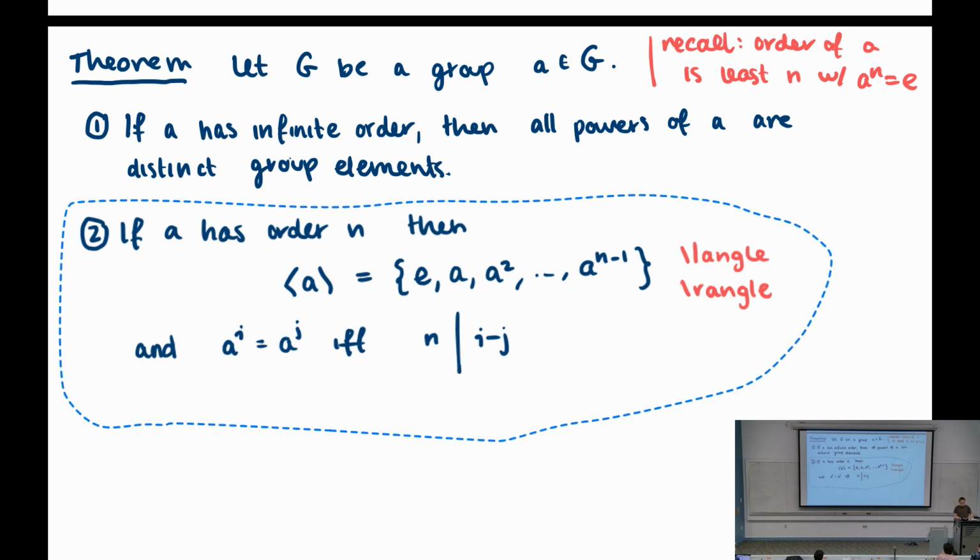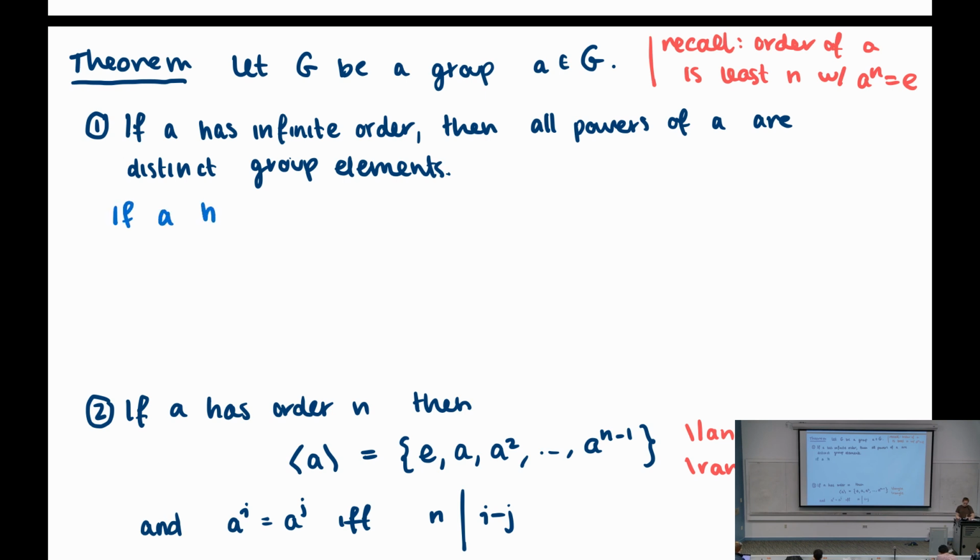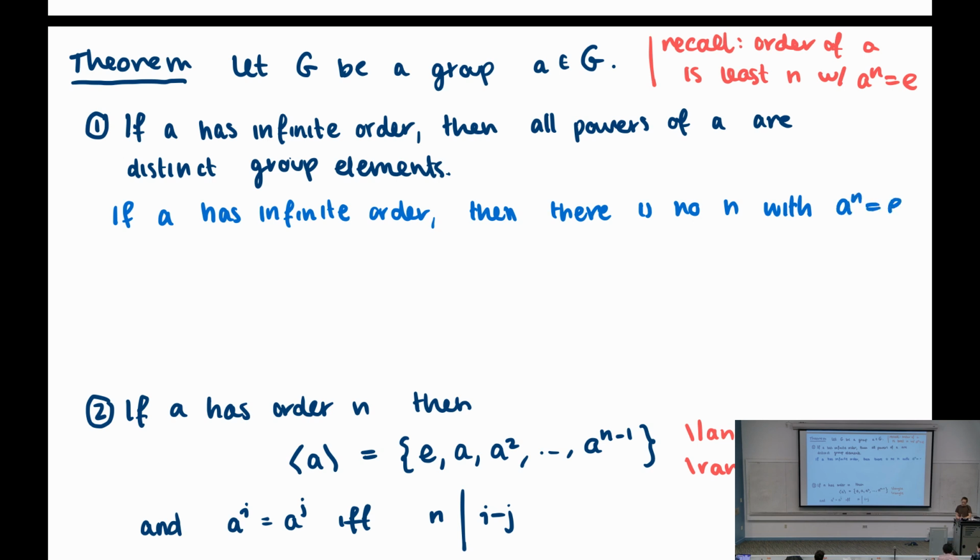So I'll start with the first part and fill in the proof here. If A has infinite order, then there is no n with A to the n equal to the identity.